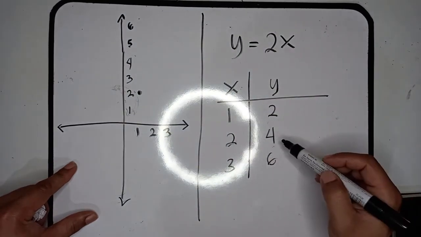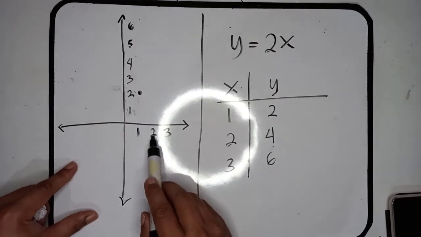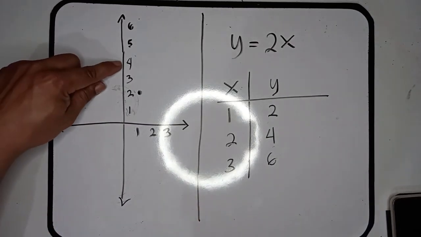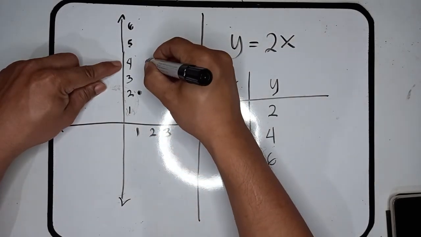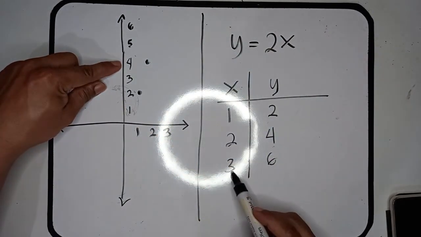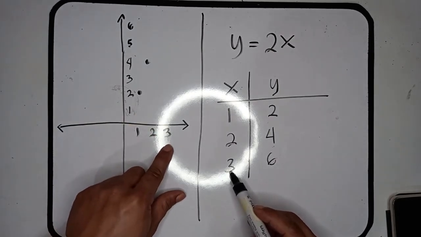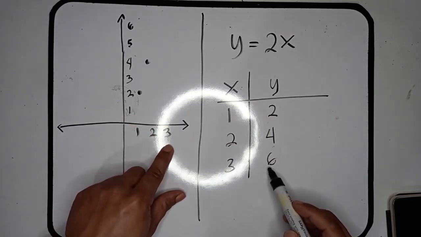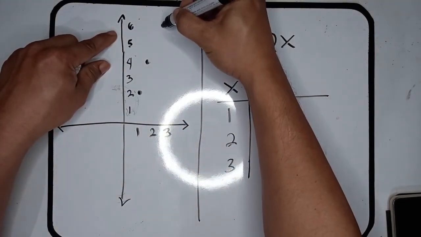For x is 2 and y is 4, this is our x 2, and our y here is 4. So we'll create a line around here. And then if our x is 3 and our y is 6, so 3 and 6, it will go around here.